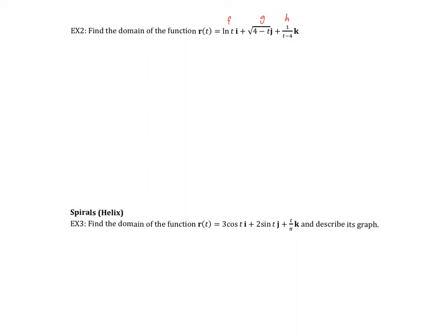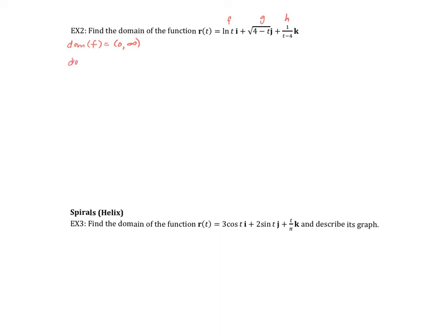If I look at, maybe I'll write it all out, the domain of f, this is the natural log function. So remember, the natural log function is only defined for positive values. It's undefined for 0 and negative values. So the domain of natural log of t is the interval from 0 to infinity with parentheses.